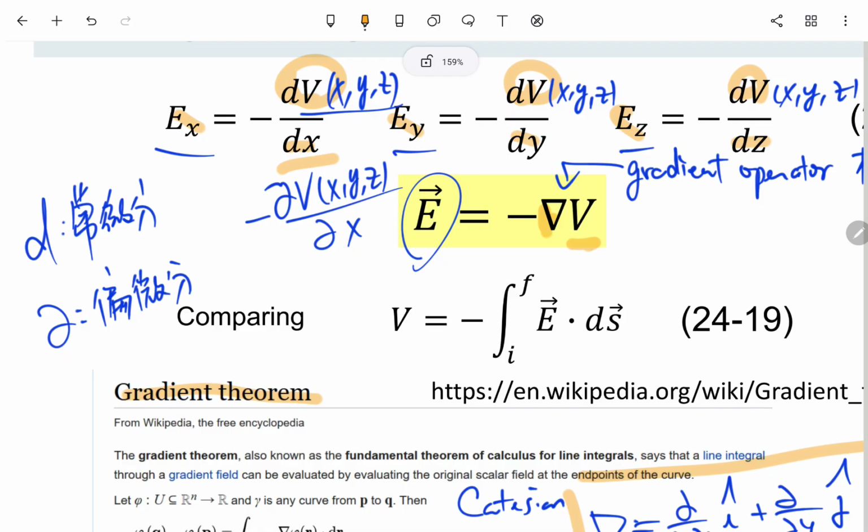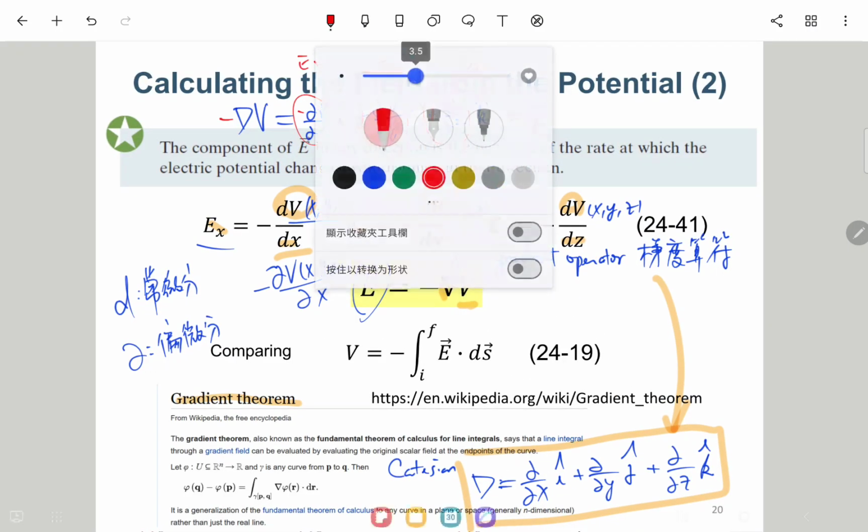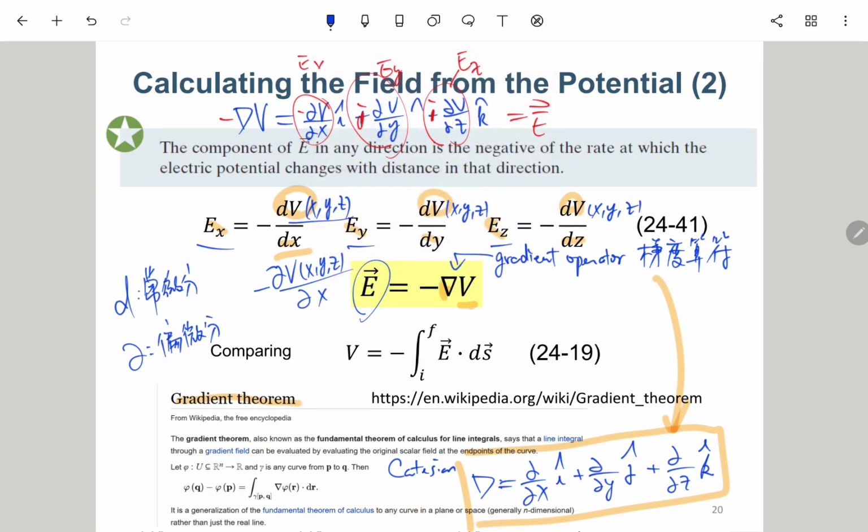Actually, in calculus class you also learn something called the fundamental theorem of calculus. Actually this gradient theorem is also a high-dimensional fundamental theorem of calculus.